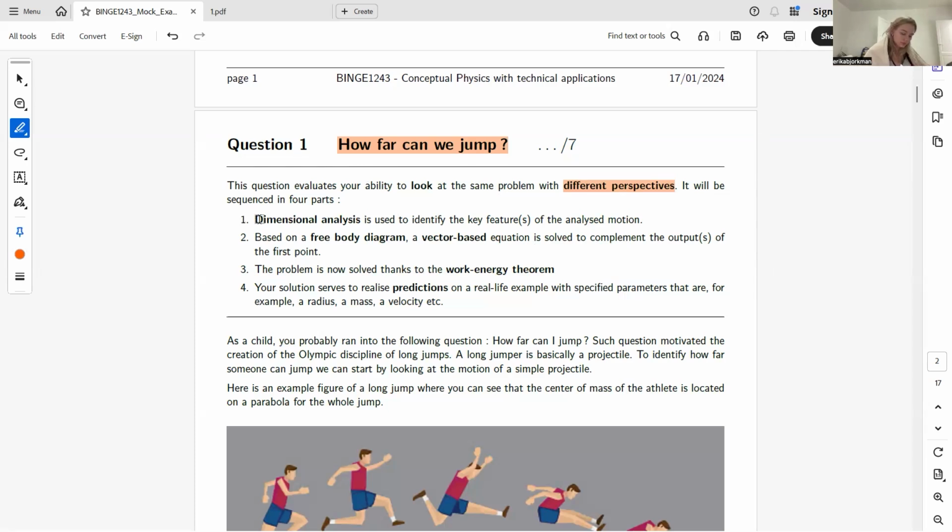First one, dimensional analysis. In the first case, we will use dimensional analysis. If you're talking about a jump, if you have observed a racing team jumping, they move along a parabolic path, as a projectile moves. And if we are talking about the projectile or the parabolic path, then some things should come to our mind which describe projectile motion, for example, time of flight, trajectory, range, maximum height.